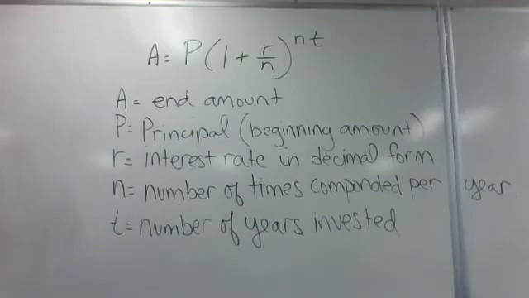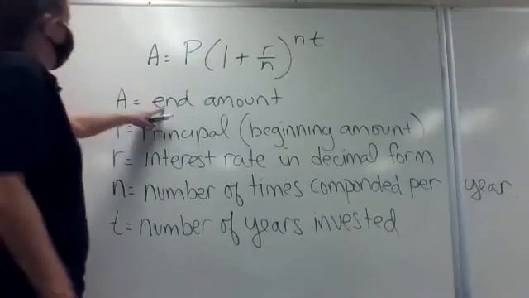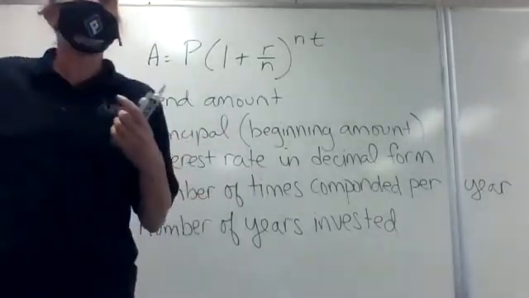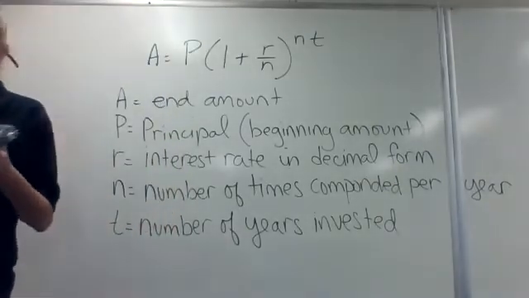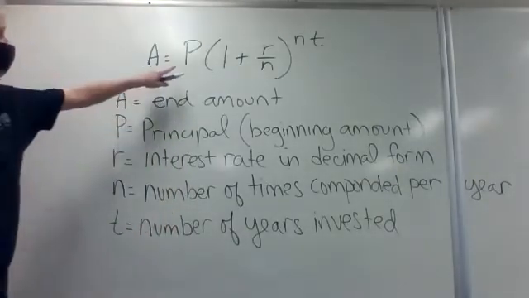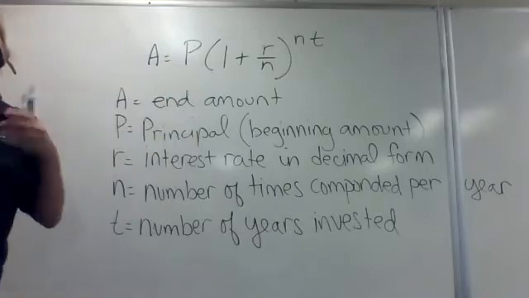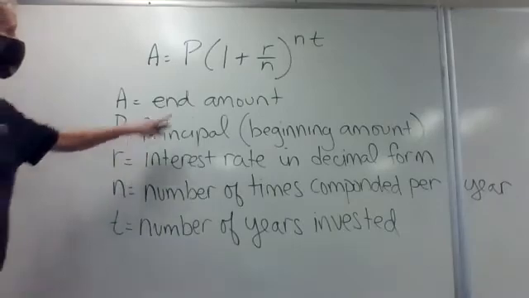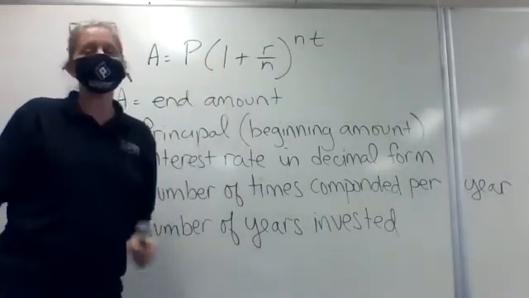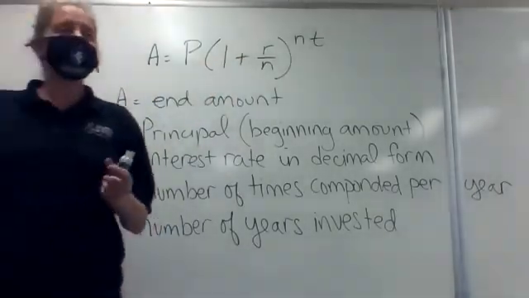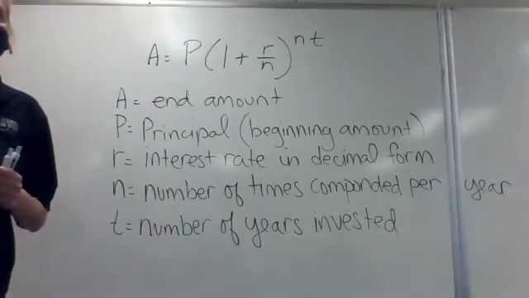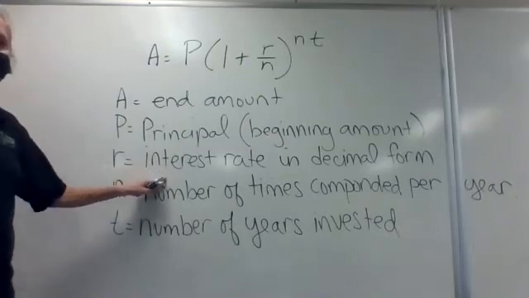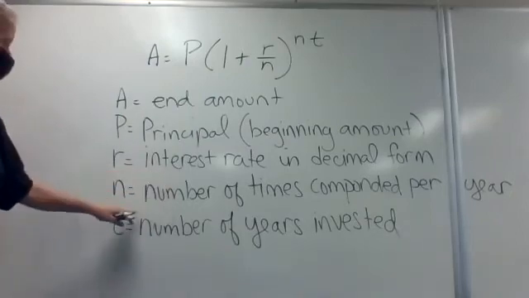Okay, so the A in this formula is going to be the amount that you're going to end up with after your investment has been invested for a certain amount of time. The P, which is the principal, that's the initial amount that you are putting into the investment. The r is going to be what the interest rate is. Now, they're going to give us the interest rate in a percentage form, and we're going to have to turn it into a decimal form.